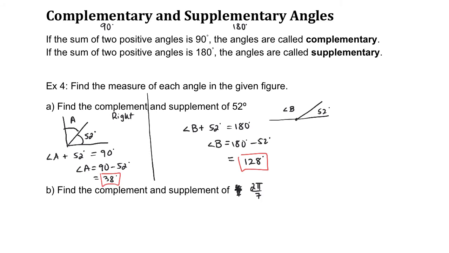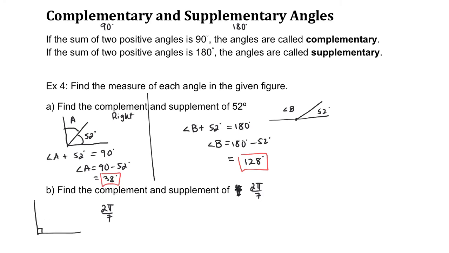Okay, so a complement, those are the ones that add up to a right angle, and that is 90 degrees, but in radians it's pi over 2. Okay, so my angle of 2 pi over 7, I'm going to kind of make this a little easier.